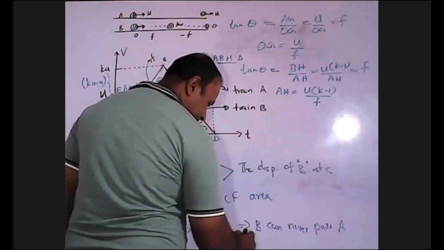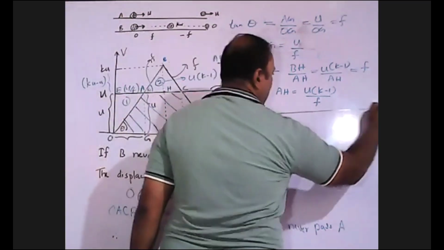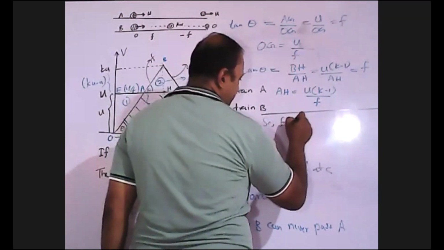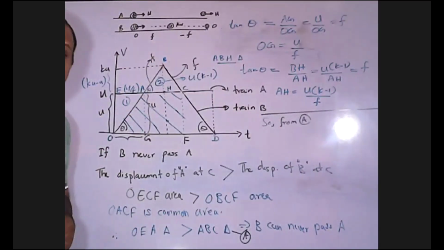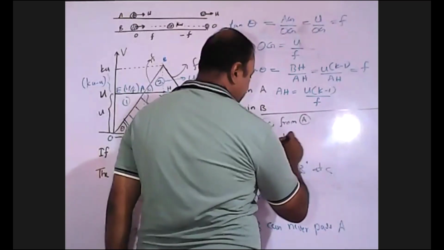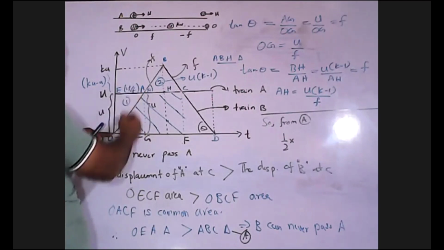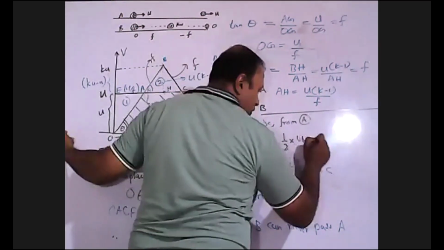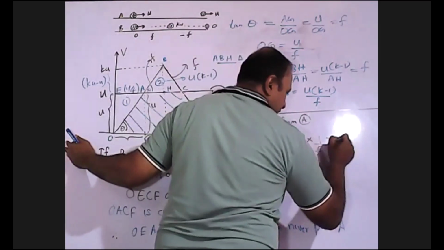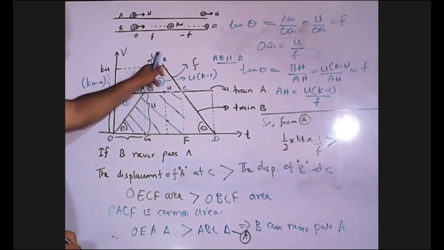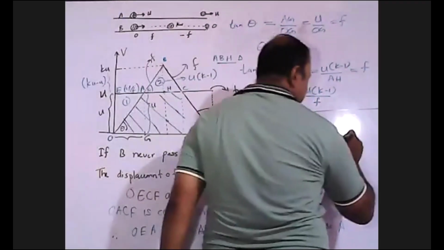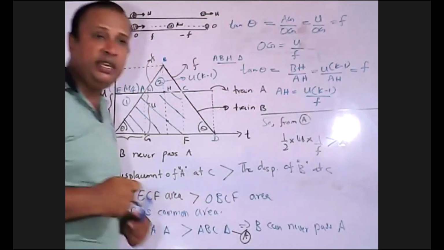For the OEA triangle, it is equal to half into the height, and the height is U. The base is U over F. U over F is greater than the ABC triangle, which means twice the ABH triangle.